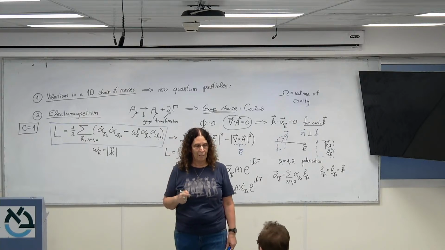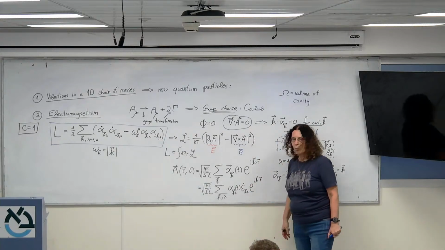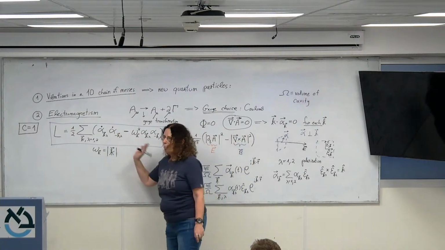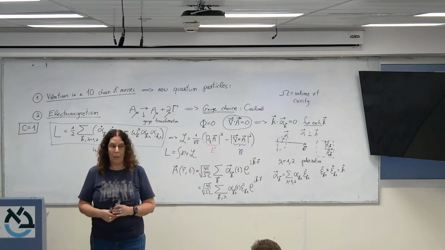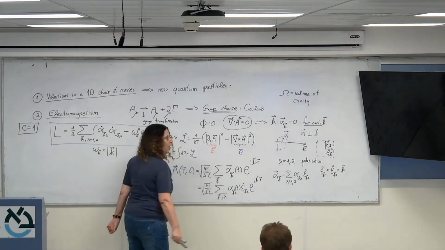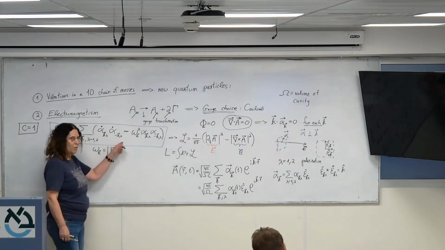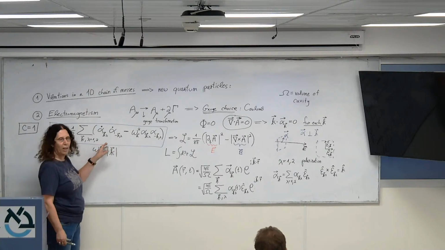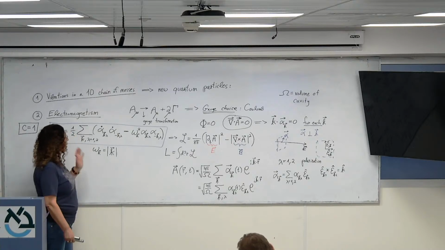But I'm jumping ahead because so far I didn't quantize. This is just what you get from the mathematics, from solving the integral and converting to Fourier space. So exactly like what we had for the phonons, where we had phi k and phi minus k. It's exactly the same thing.